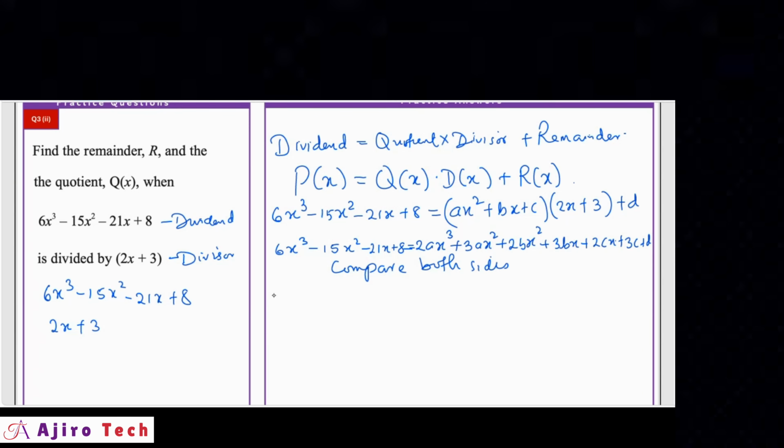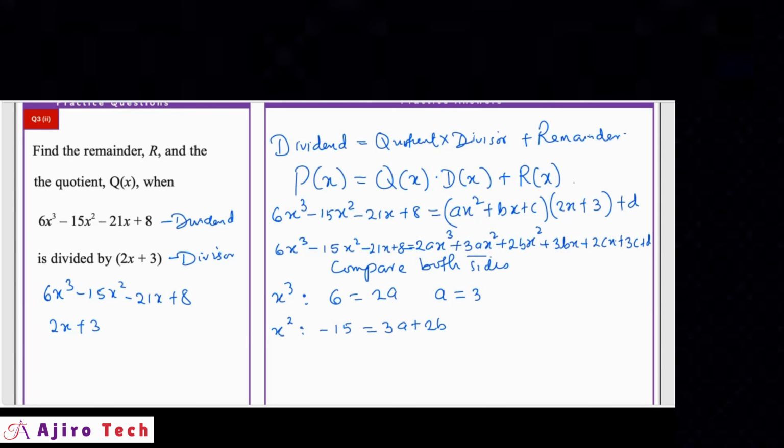So if you compare the coefficient of x cubed, in the left-hand side we have 6, while here we have 2a. Then it means a equals 3. Okay, let's compare the coefficient of x squared. In the left-hand side, we have negative 15 equals to, here we have 3a plus 2b.